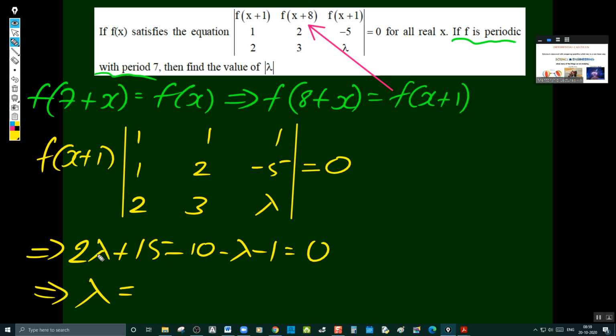Acha, lambda, correct, you are right. So minus 4 implies modulus of lambda is equal to 4. He's asking for modulus of that, because in an integer type question you must have the answer lying between 0 and 9. That's what it is. So periodic function is also revised. That is the reason why I have taken up this problem.